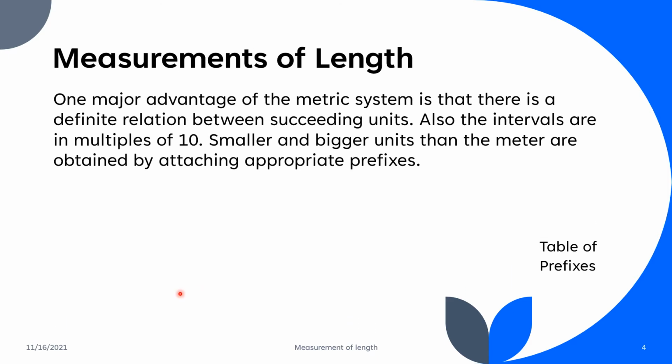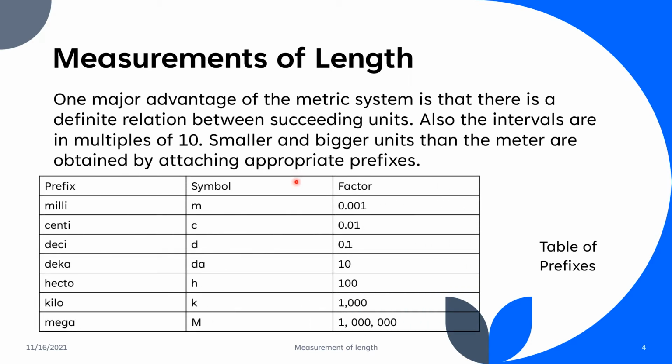One major advantage, okay, so we're going now to take up the measurement of length. One major advantage of the metric system is that there is a definite relation between succeeding units. Also, the intervals are in multiples of 10. Smaller and bigger units than the meter are obtained by attaching appropriate prefixes. So this is the table of prefixes.